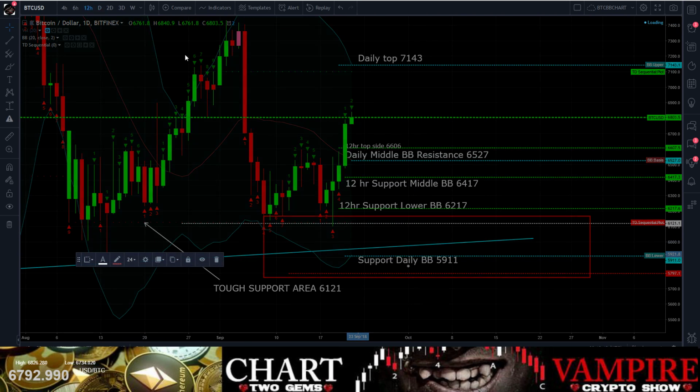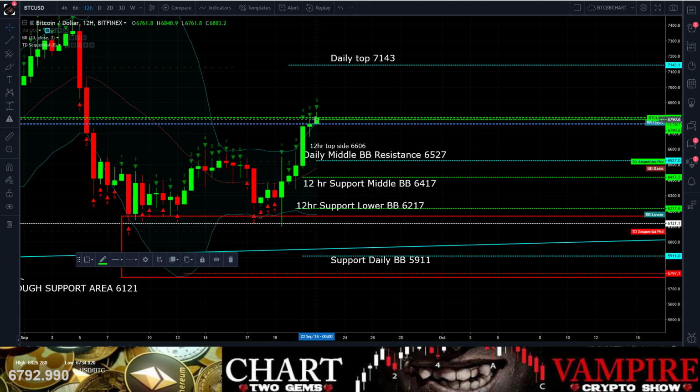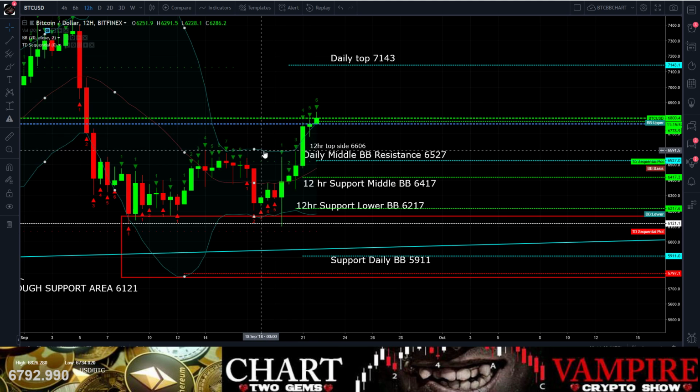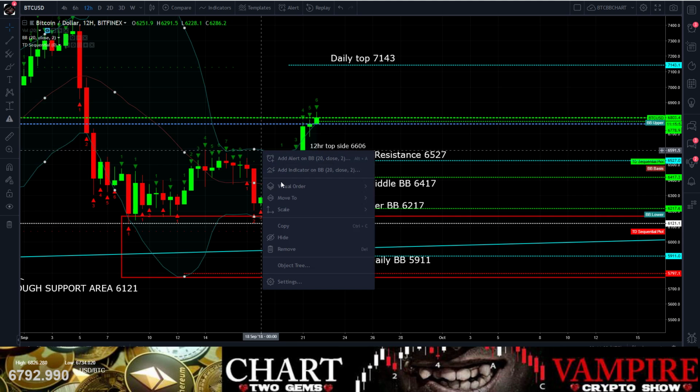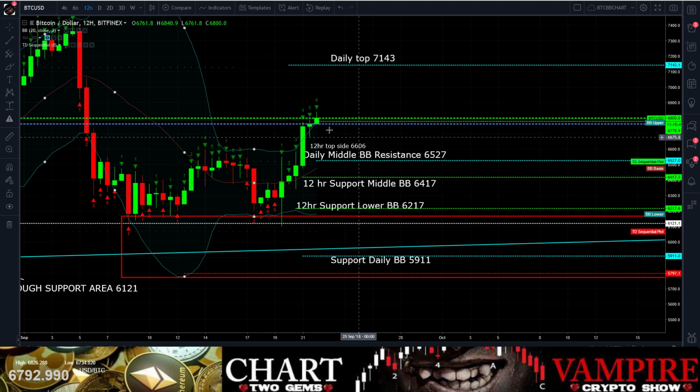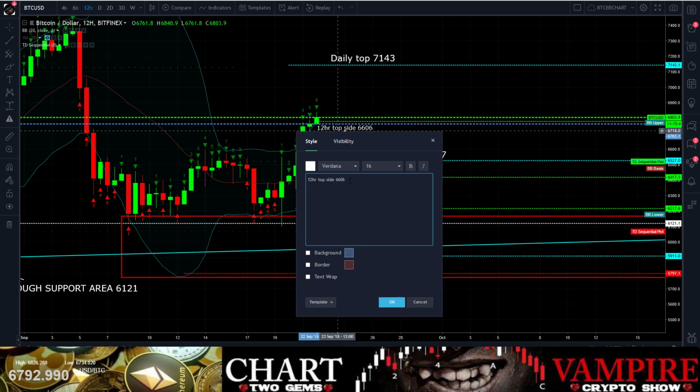Okay, we're going to take over the 12-hour. Woof, whoa, what a run. So this topside BB just ran up to 67.74.